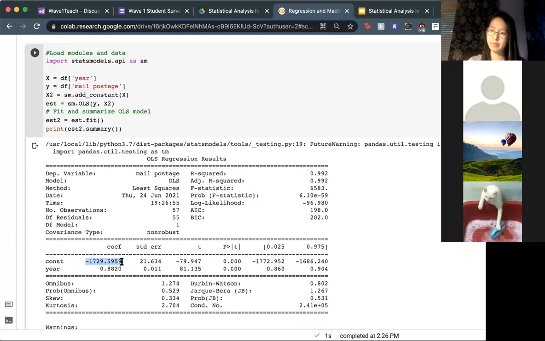You need to have the constant in there because, first of all, that's the definition of your line, and the model won't function correctly without it, making sure that it can establish where the y-intercept is. So here it happens to be negative 1729, which is a lot, but we will come back to this.